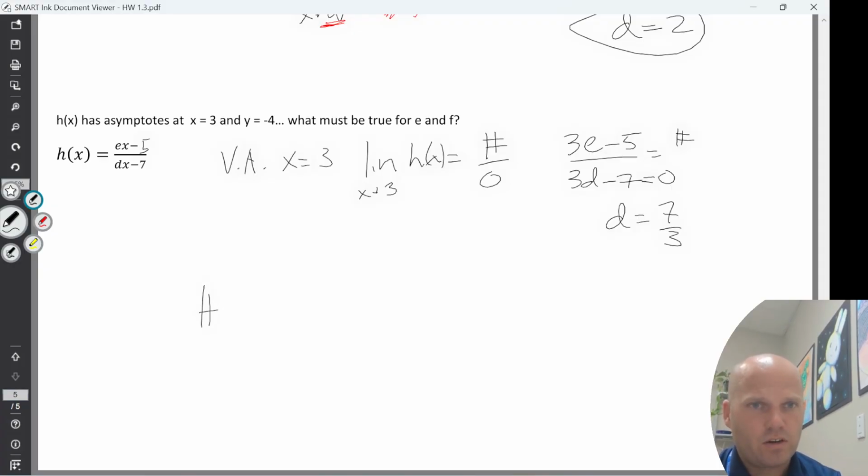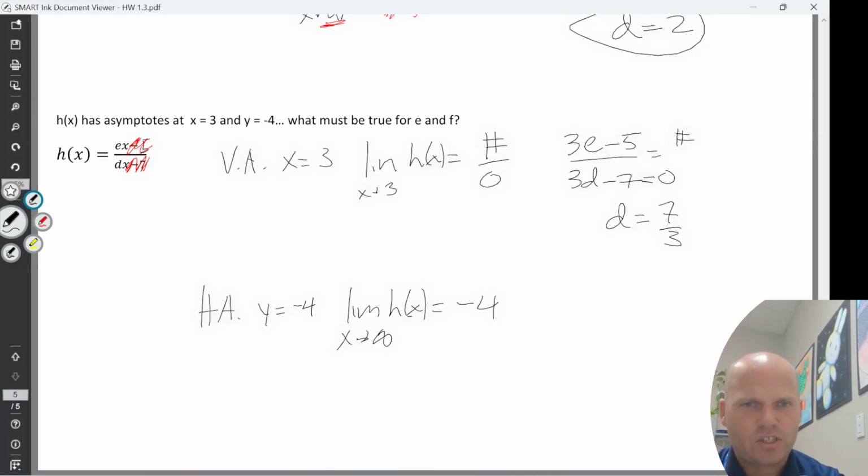And then the horizontal asymptote is at y equals negative 4, which means if I plugged in infinity into my function, I should get negative 4. When we're plugging in infinity, we don't care about the insignificant things. We just get ex over dx.